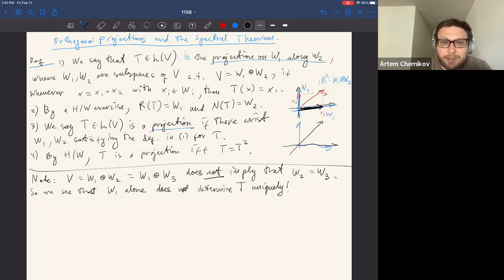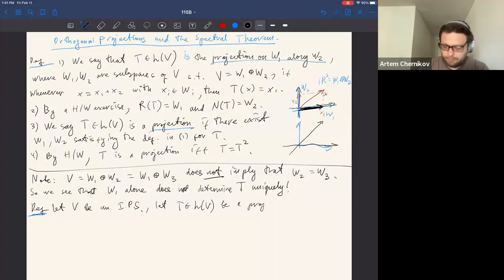Okay, so to fix this, we can strengthen the notion of projection to the notion of an orthogonal projection. This is a notion which only makes sense if we have inner product space structure. So now let V be an inner product space, okay? And we let T be a linear operator on V, which is a projection. Okay.